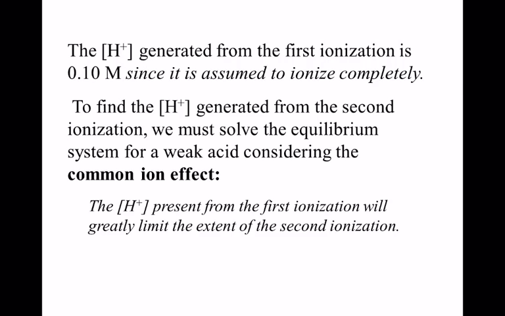So now let's go ahead and apply the simplifying assumption. And remember how this goes. It says if X, which is the amount of the weak acid that ionizes, is sufficiently small relative to the molarity we start with, 0.10, then in this case we have two quantities that fall into place.